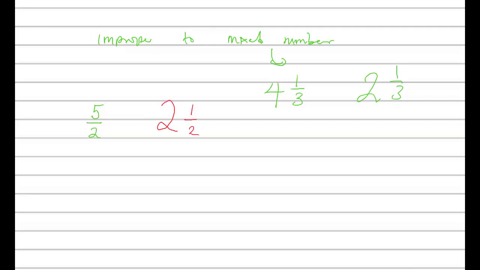Because 5 divided by 2 is 2, put that 2 out, then it's going to be remaining 1. If you struggle to calculate it, you can count 1, 2, 3, 4, 5 and divide by 2. So 5 divided by 2 is 2, remainder 1. So it's going to be 1/2.